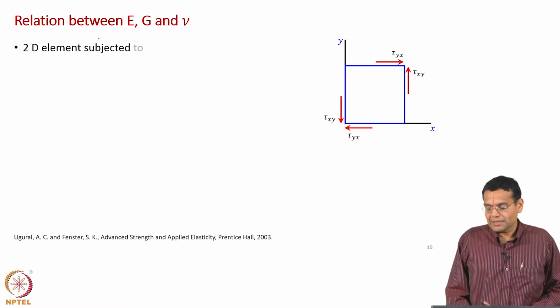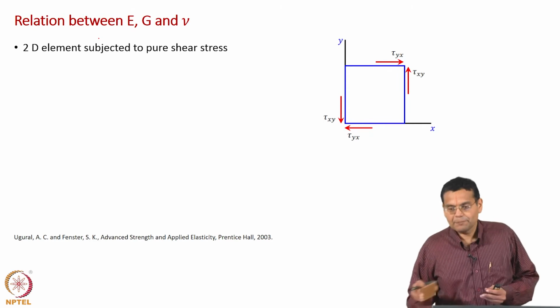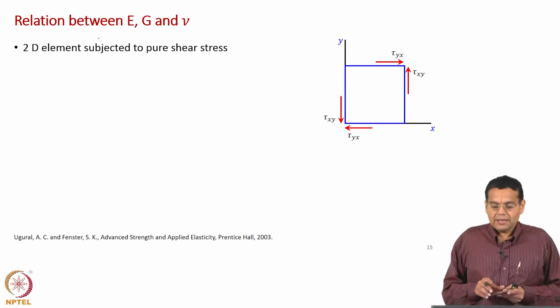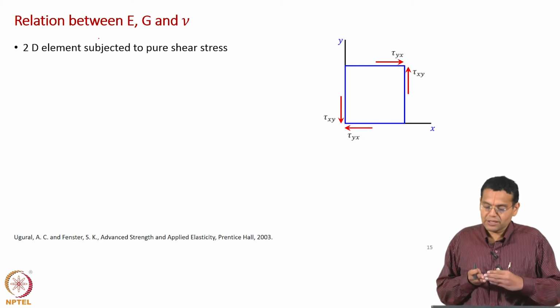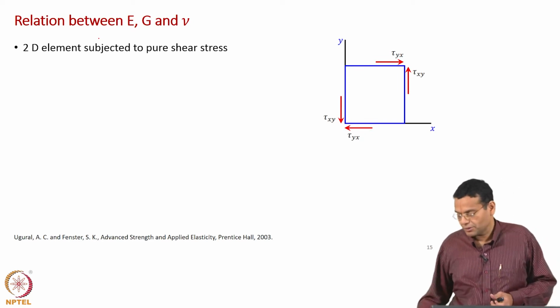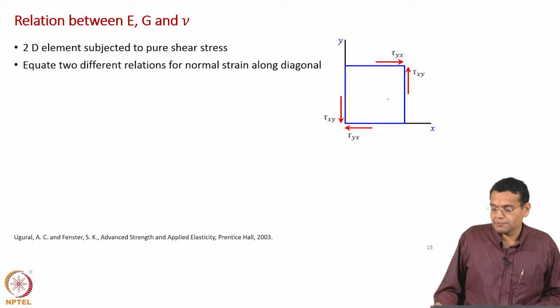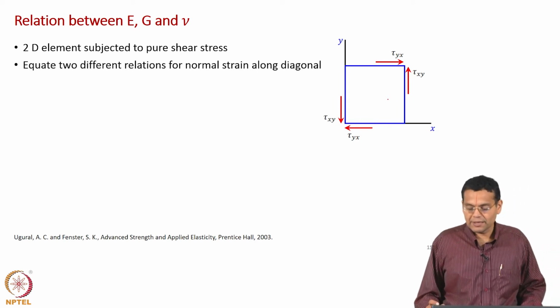Take a two dimensional element. It could be a plate or a region inside a solid, subject to pure shear stress. So, it is subject to only shear stress, that is a point to be noted. The two dimensional element subjected to pure shear stress is shown here, and our usual sign convention is adopted.